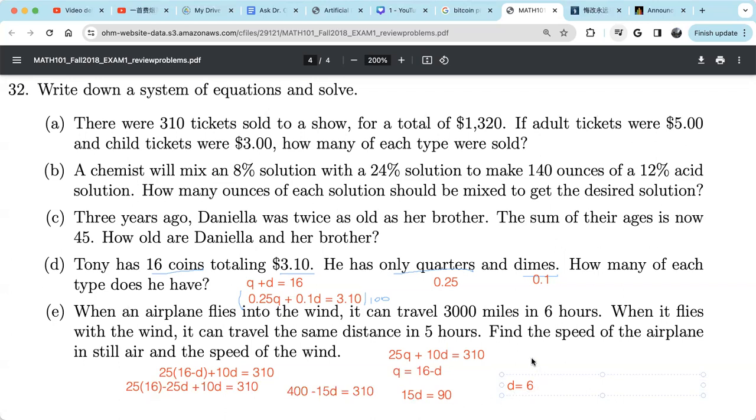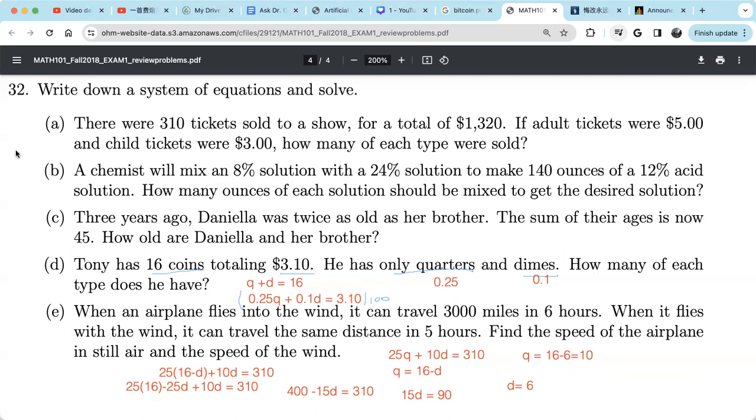So if D is 6, now we go back to Q plus D equals 16. So Q equals 16 minus D, which is 16 minus 6, which is 10. So that means Tony has 10 quarters and 6 dimes.